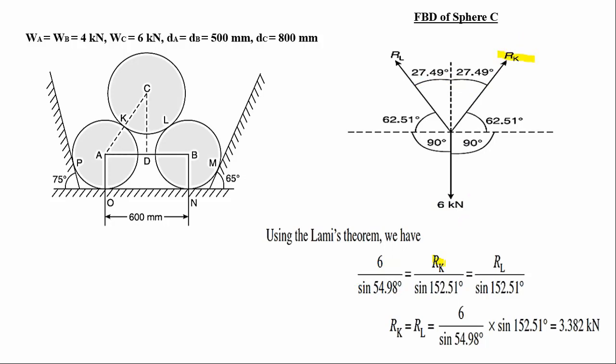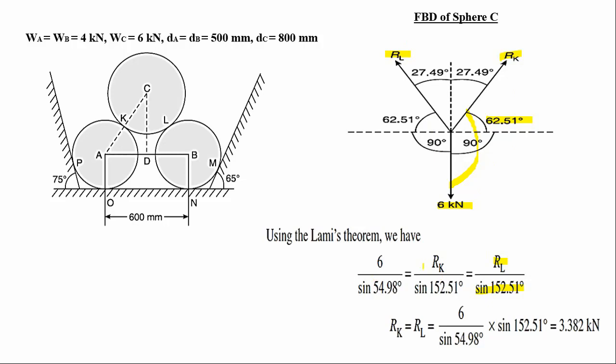Next we take RK divided by sine of the angle between the other two forces, that is RL and 6 kilonewton. This angle will be equal to 90 plus 62.51, which is 152.51 degrees, so sine of 152.51. Then RL divided by sine of the angle between the other two forces, so again 90 plus 62.51, sine of 152.51 degrees.